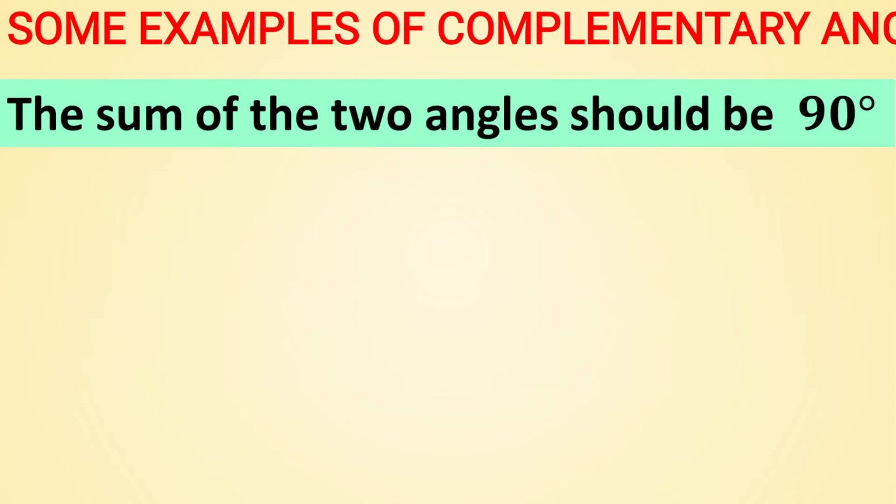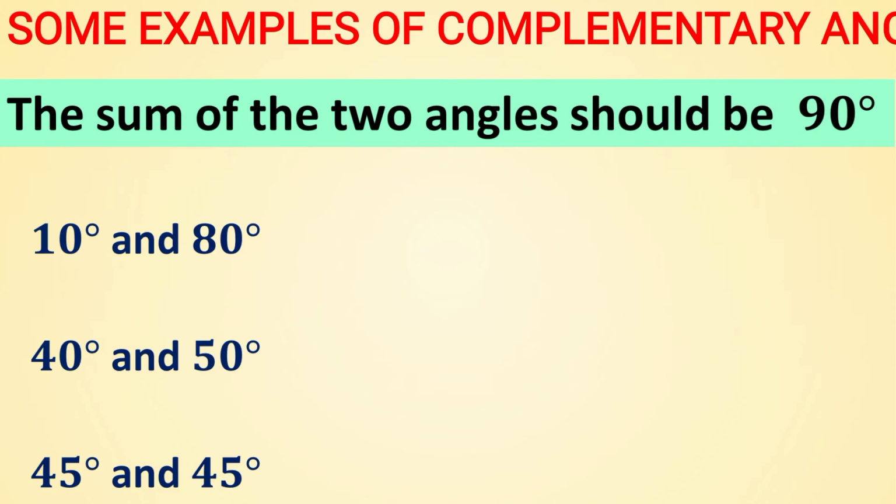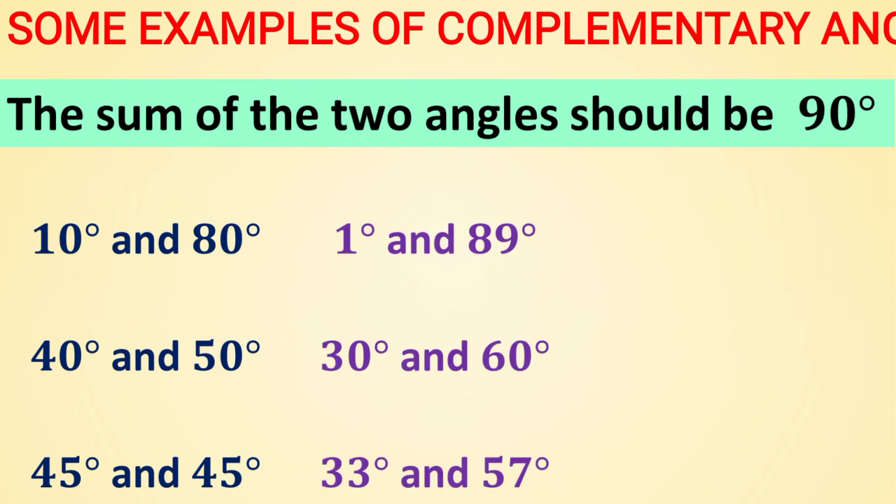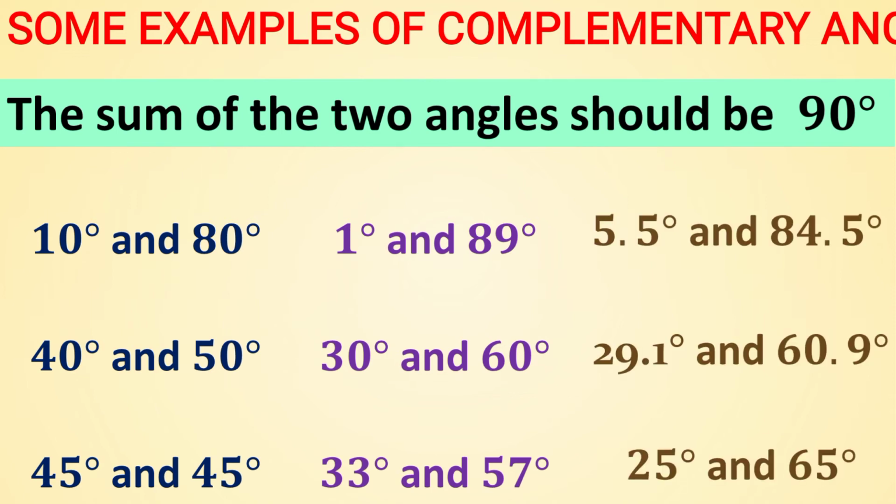The sum of the two angles should be 90 degrees. Take note of this. 10 degrees and 80 degrees, 40 degrees and 50 degrees, 45 degrees and 45 degrees, 1 and 89, 30 and 60, 33 and 57, 5.5 and 84.5, 29.1 degrees and 60.9 degrees, 25 degrees and 65 degrees.